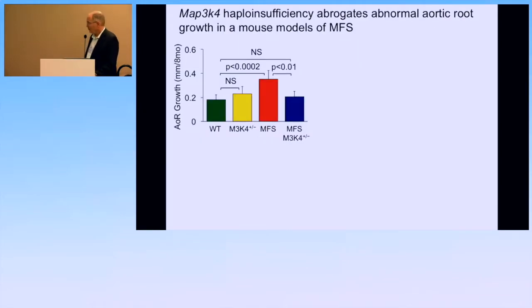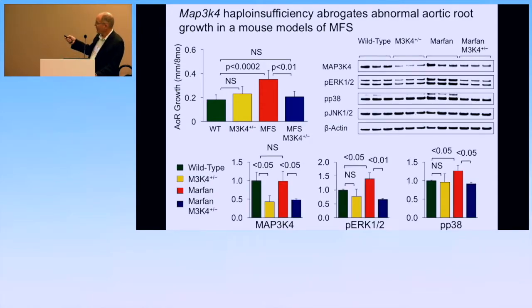So we went back to our Marfan mouse model and we simply deleted one copy of the MAP3K4 gene and found that that was sufficient to normalize aortic root growth rate and also to fully normalize all of the observed cellular signaling events, including the activation of ERK and also the activation of P38.